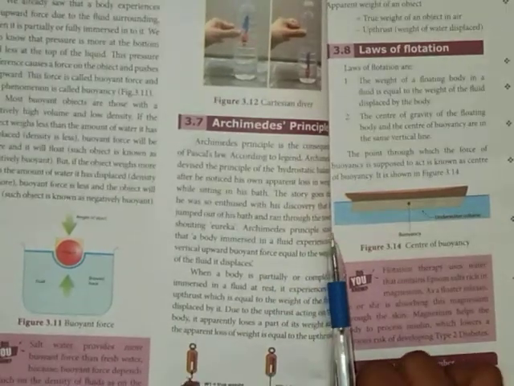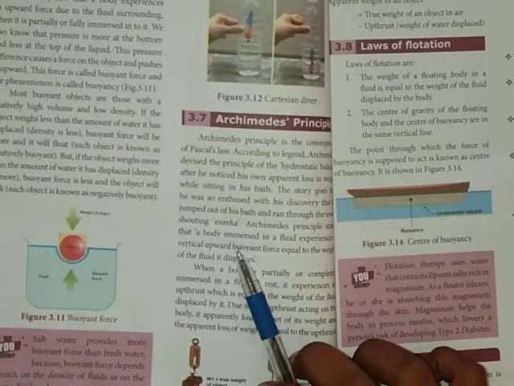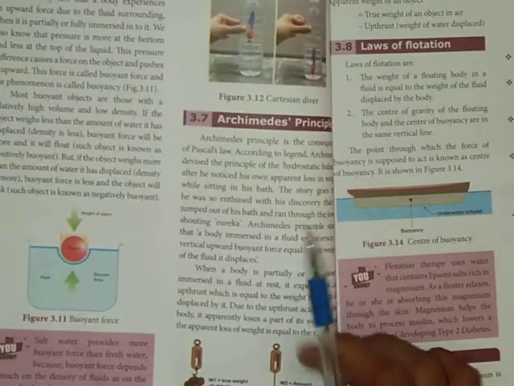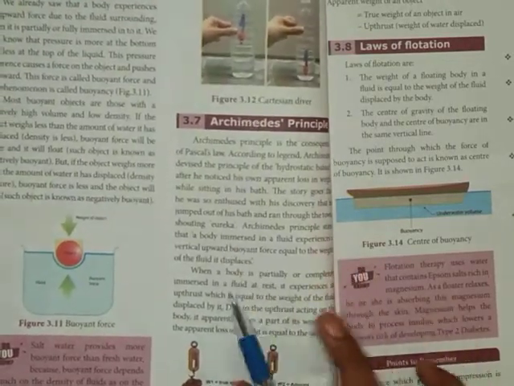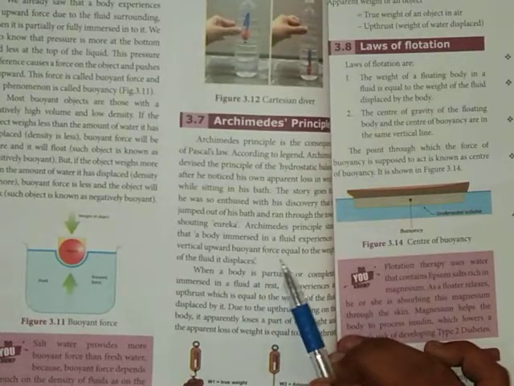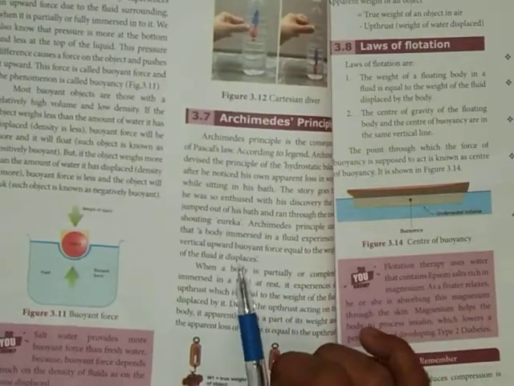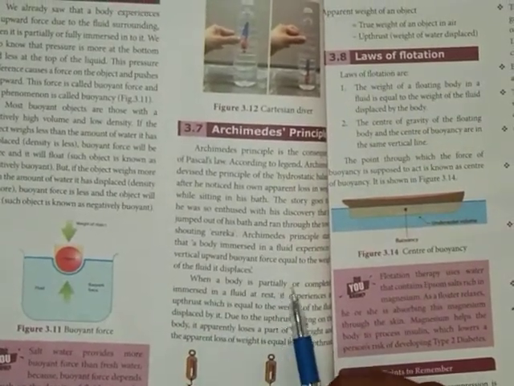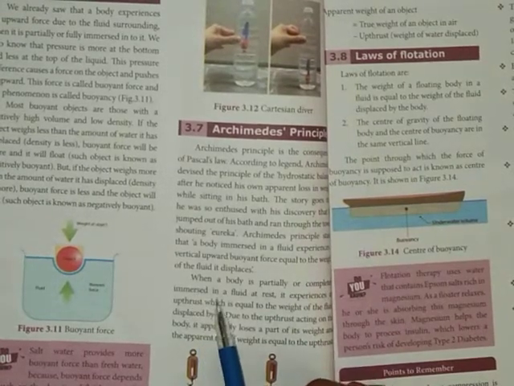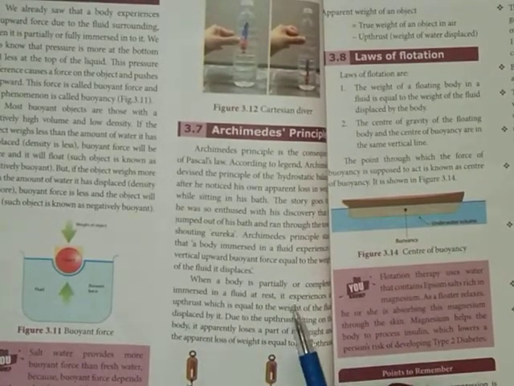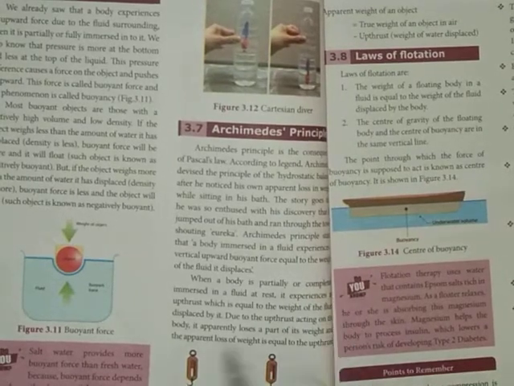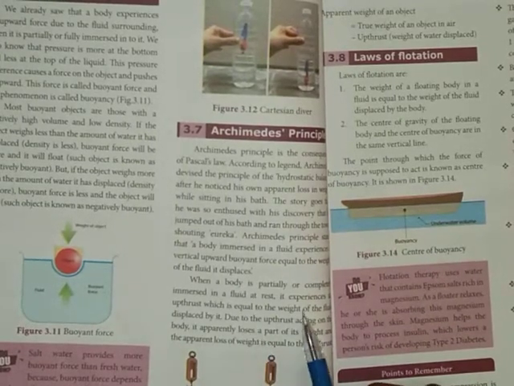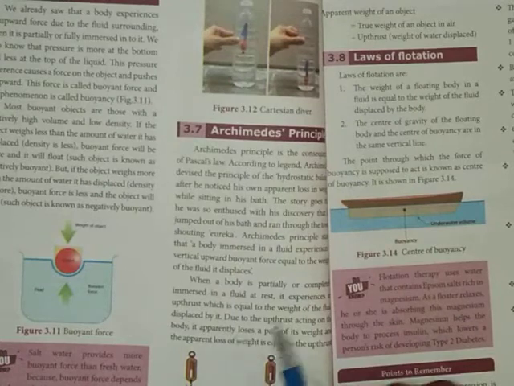Archimedes' principle states that a body immersed in a fluid experiences a vertical upward buoyant force equal to the weight of the fluid displaced. A body partially or completely immersed in a fluid at rest experiences an upthrust which is equal to the weight of the fluid displaced by it.